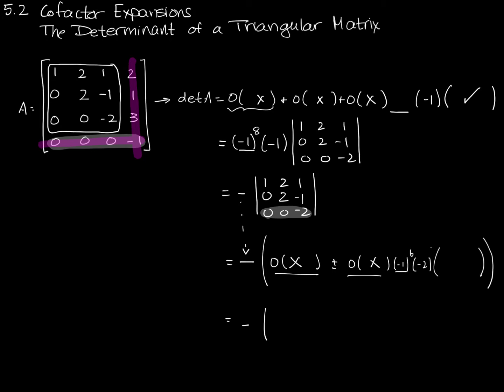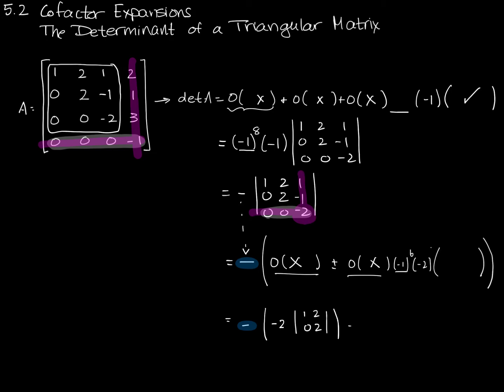Again, that's positive, so I have a negative from above times a -2 times the determinant of the matrix made up of the numbers that are left over when I cross out row 3, column 3, because I'm working with this -2 here. And that determinant is 1, 2, 0, 2.